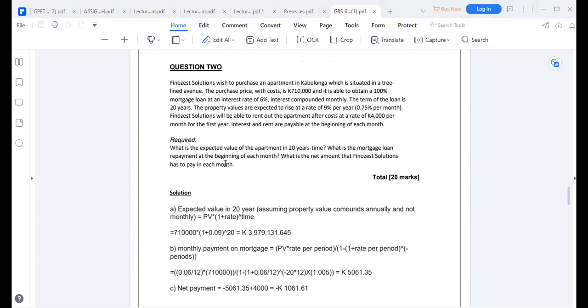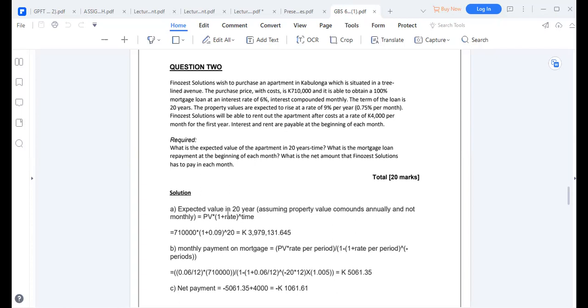The purchase price has a cost of 710 and it is able to obtain a 100% mortgage loan at an interest of 6%. Interest is compounded monthly. The term of the loan is 20 years. So this is a period of time, 20 years.